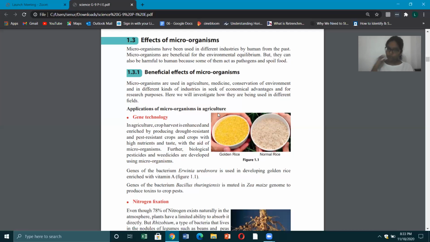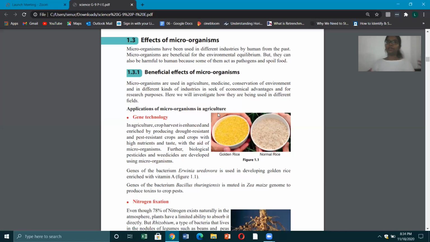You're not wasting water, but does that mean you don't use water at all? No. Conserving is you use it, but you don't waste it, because you have to keep that specific resource for the future generation as well. So that is exactly what conservation of environment is as well.